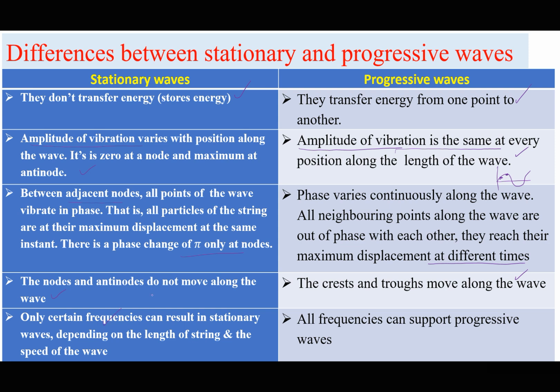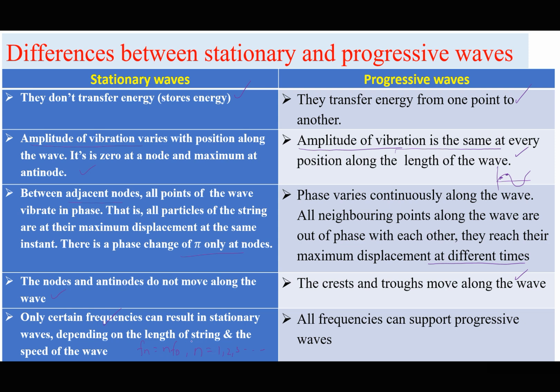Only certain frequencies can result in stationary waves depending on the length of the string. For example, we have said that in general, Fn is equal to n times F naught, where n is equal to 1, 2, 3, and so on and so forth. So it means certain frequencies are going to be skipped. If F naught is 10, that means F1 is going to be 10, F2 is going to be 20.